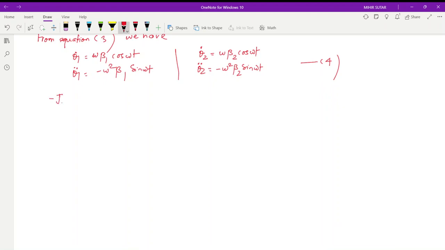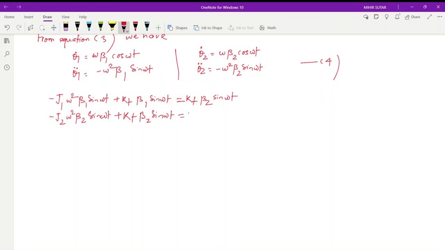We'll have minus J1 omega square beta 1 sin omega t plus Kt beta 1 sin omega t is equal to Kt beta 2 sin omega t, and minus J2 omega square beta 2 sin omega t plus Kt beta 2 sin omega t is equal to Kt beta 1 sin omega t.